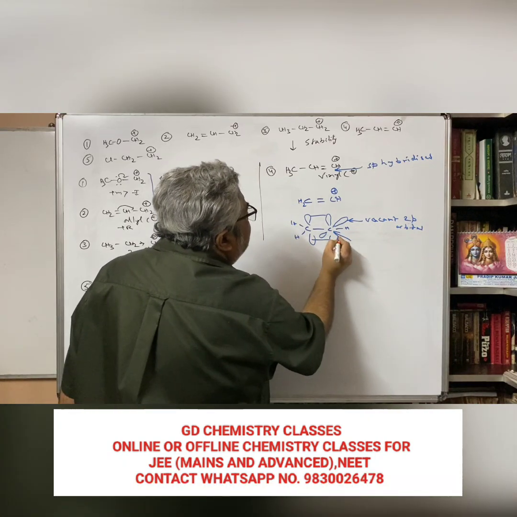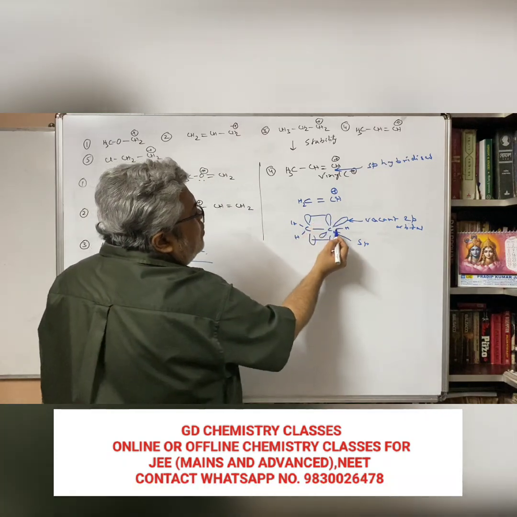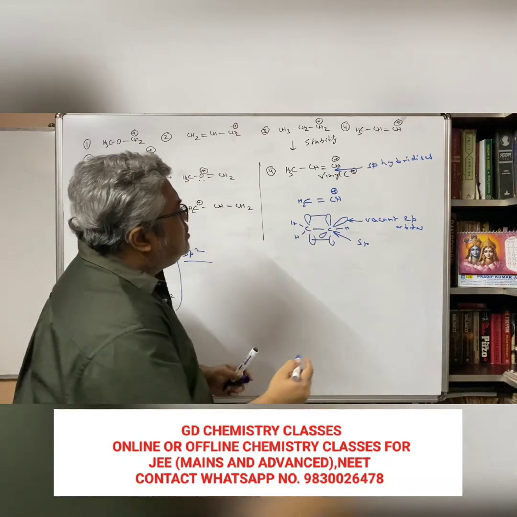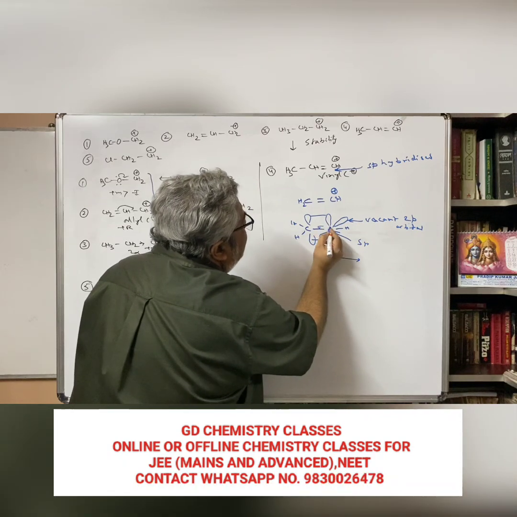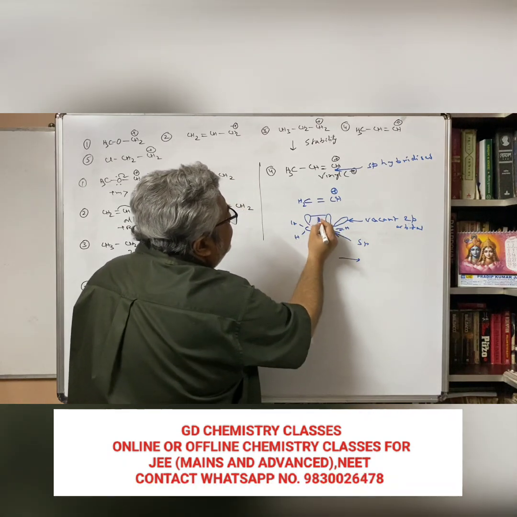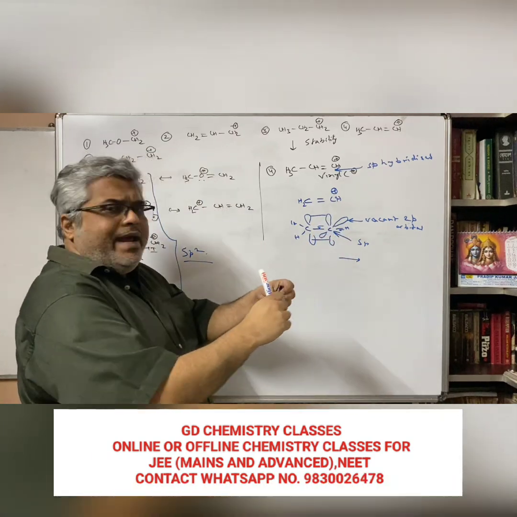This carbon atom is sp, with 2 sigma bonds around it. Suppose I am considering this to be the x-axis. This sigma bond and this sigma bond are along the x-axis, and the pi bond is suppose along the y-axis.